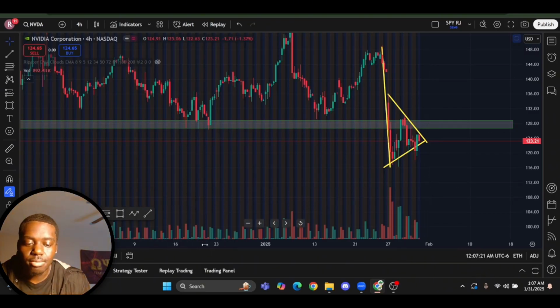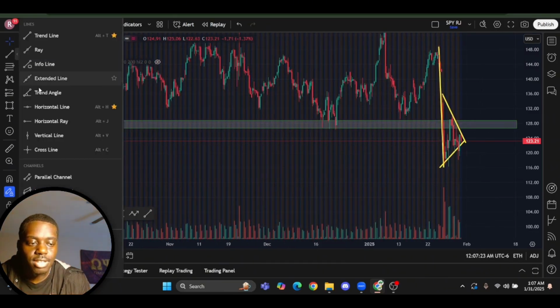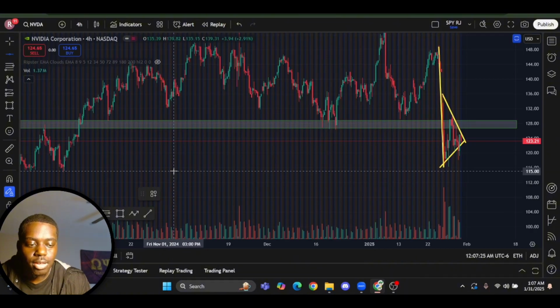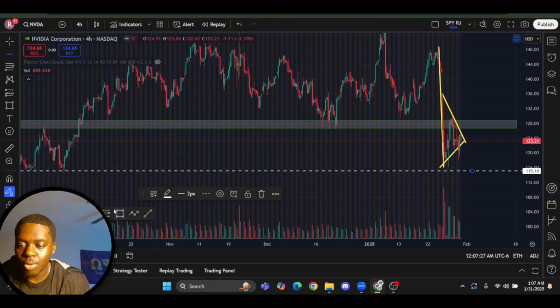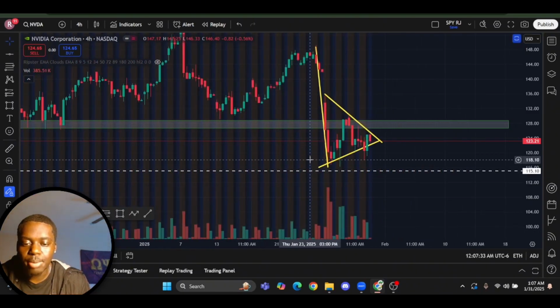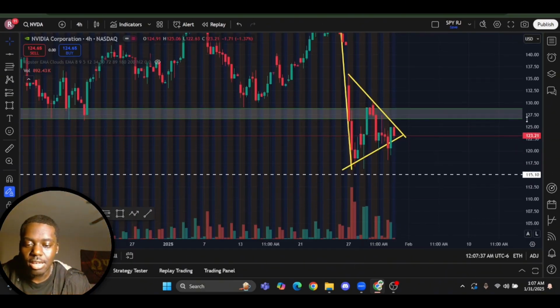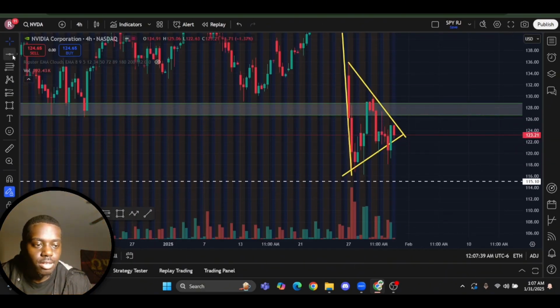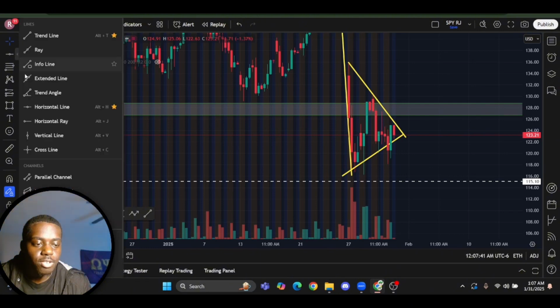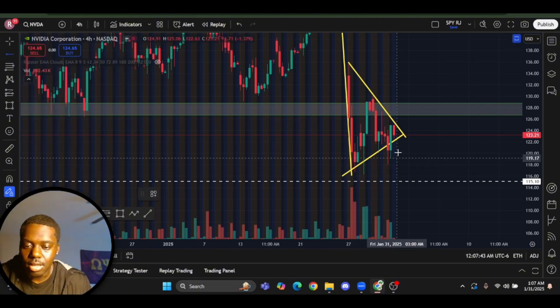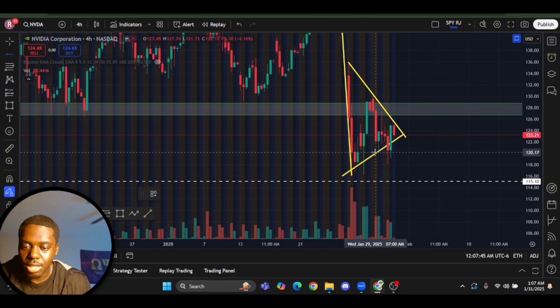Because NVIDIA's next level down is around 115, right? But when I was looking at this pennant pattern, I said, okay, I don't know if it's going to get there today, but I do know that we can catch a move if it starts breaking certain places. So I knew that we needed it to break here.